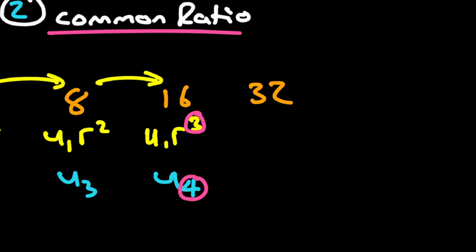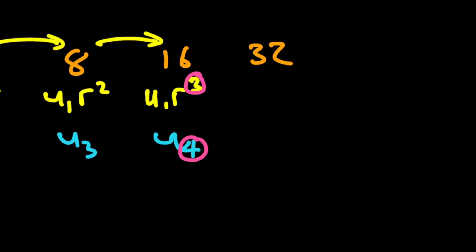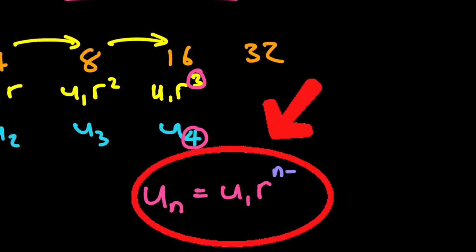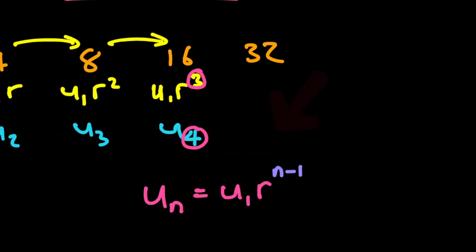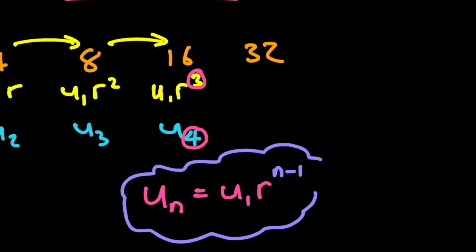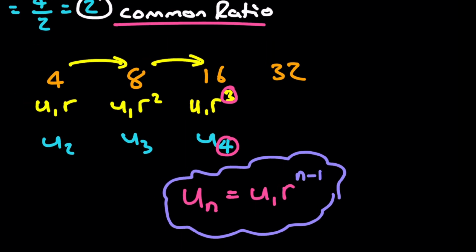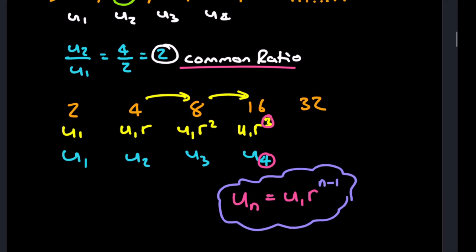So this is where our general term comes from: if we want to find a general term in the sequence, un, then it will always be u1 multiplied by r, but the power of r must be 1 less than the term that you're looking for. So that's where the general term or the nth term formula comes from. We're going to use that in the following questions.